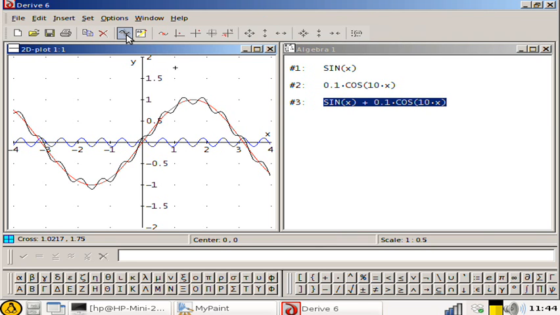Let me move it a little bit more. So we have sin x, and then we'll do sine of x minus 0.25. I'm not even going to try anymore.